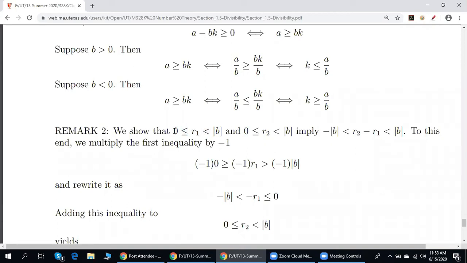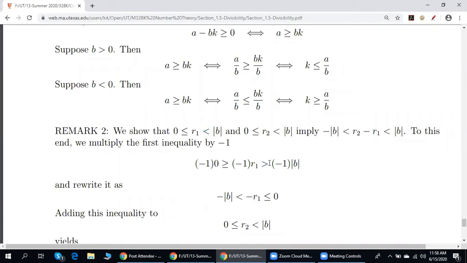So, if we multiply both sides here by negative 1, we get the following. 0 times negative 1, R1 times negative 1, and we switch the sign. Similarly here, if we multiply both sides here by negative 1, we switch this sign again.